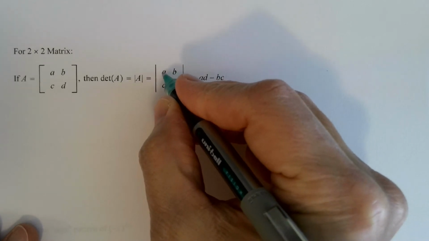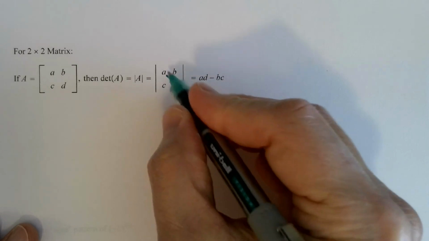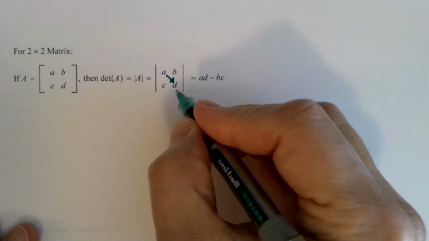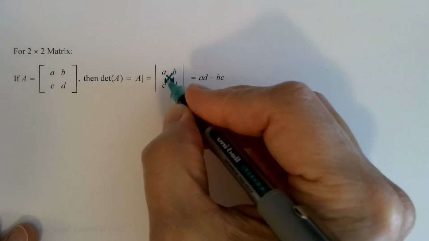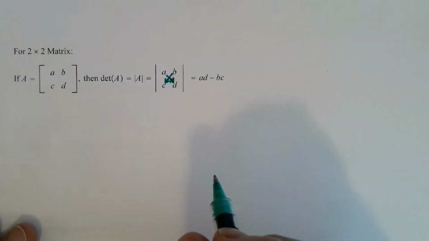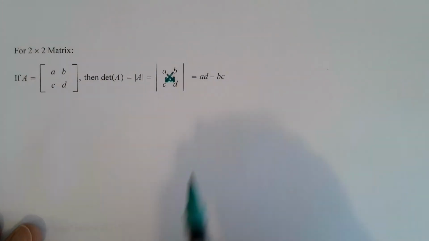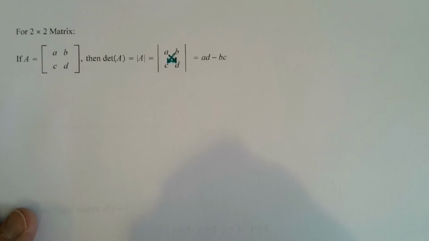A times D you can think of as the product along the main diagonal, minus BC, which is the product of the off-diagonal entries. So you've got AD minus BC. And this quantity you probably remember from the formula for the inverse of a 2-by-2 matrix. And we'll get back to that at the end of chapter 2 and explain the connection there.